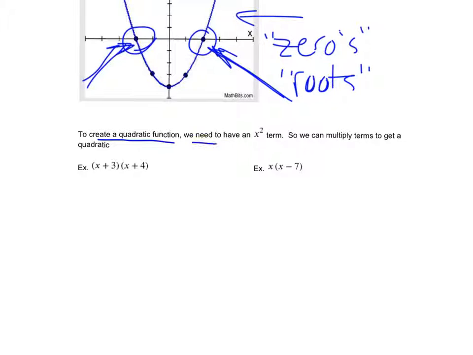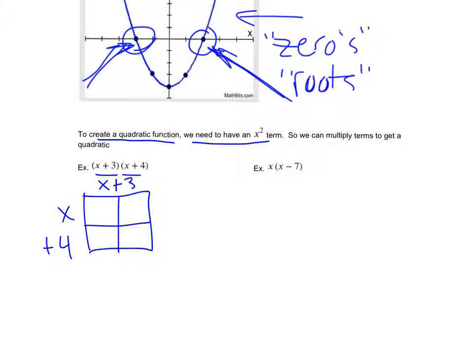Well, we have to have an x squared term, and so we end up multiplying these to get a quadratic. So when I see x plus 3 and x plus 4, some of you might recall something called the box method. All I do is write the terms x plus 3 and x plus 4, then multiply them to fill in the blank.